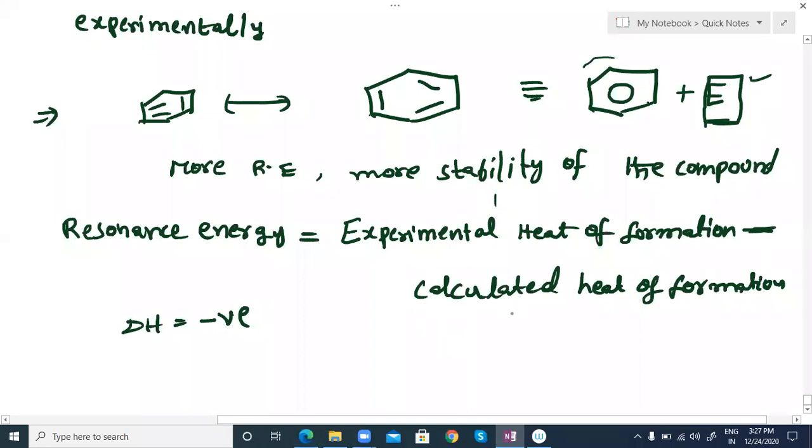That is your delta H value. Substituting in this formula you can get it, because they will provide the experimental value in the examination.